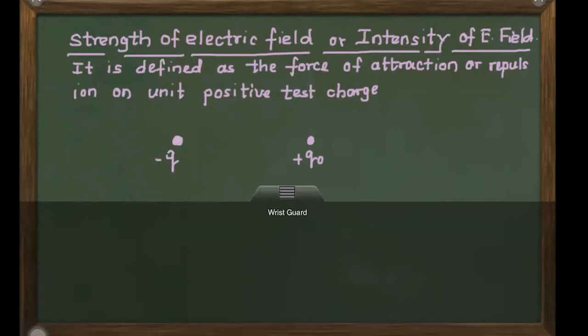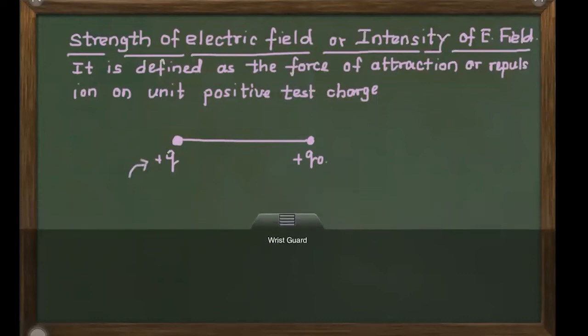I'm taking this one as positive too. So when we place a test charge, this is the source charge. And this one is the test charge.